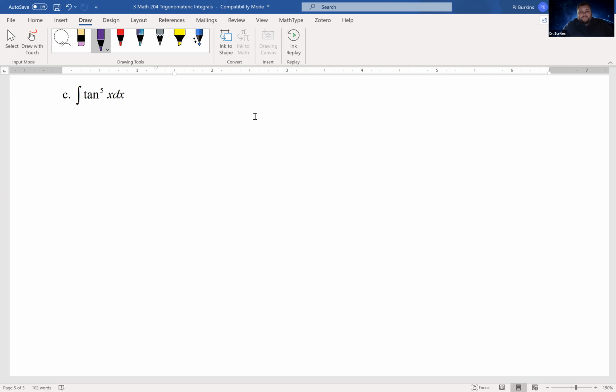I don't see any secants in this problem, right? So somehow we've got to get some secants in here. So the question is, how do we do that? Well, the only other thing we were given were those Pythagorean identities, right? So I'm thinking the best course of action here is to break off a single tangent.